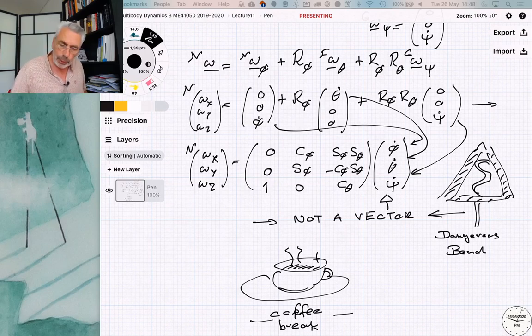Okay, back to this problem. So now we have it in the inertial frame. I would like to have it in the body fixed frame also, because then the inertia is constant, so it's also nice to have the angular velocities expressed in the body fixed frame, because of the constantness of these mass moments of inertia in the body fixed frame.